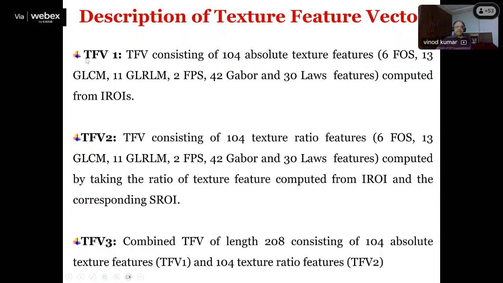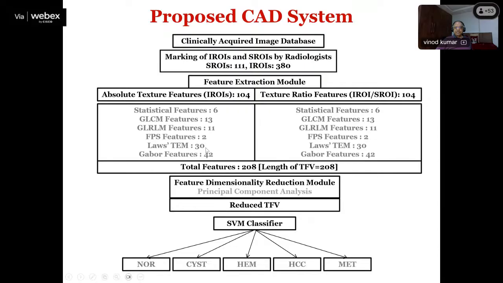So 5 studies were done. One was only with 104 absolute texture features. Absolute texture feature means not ratio feature. So we tried to get the classification with SVM using only absolute texture features. Then the second study by using ratio texture features.